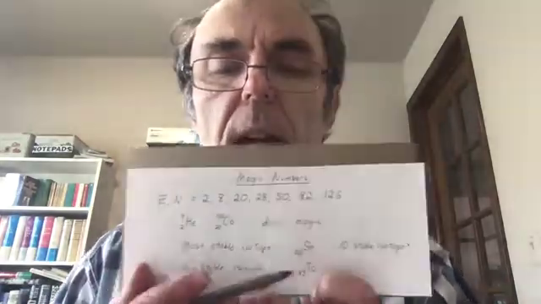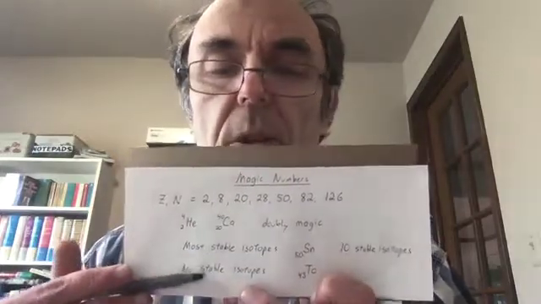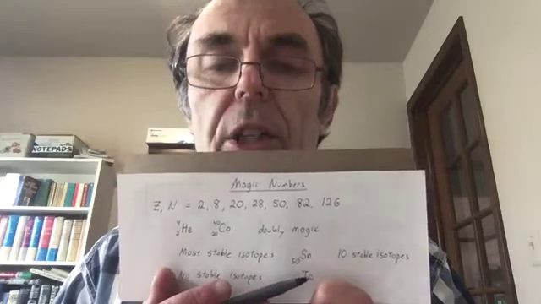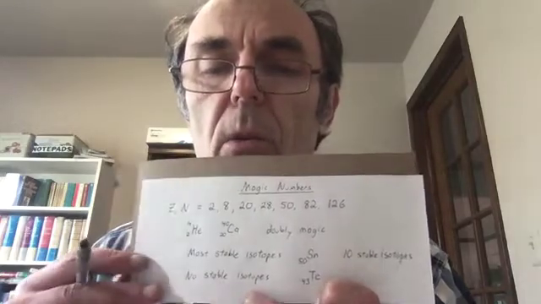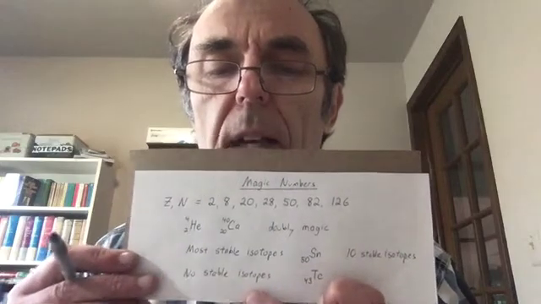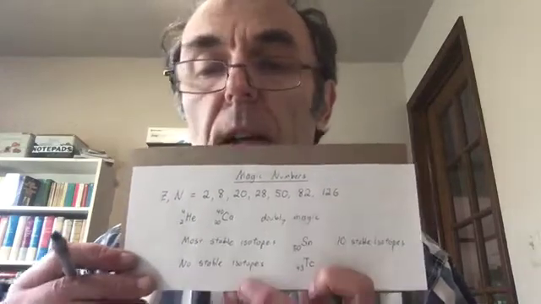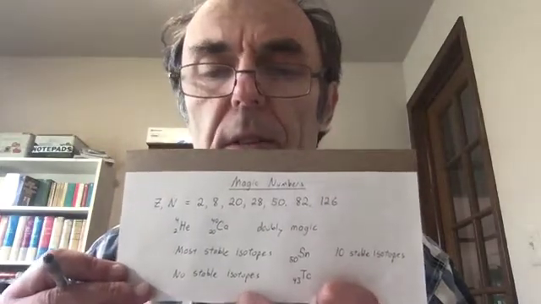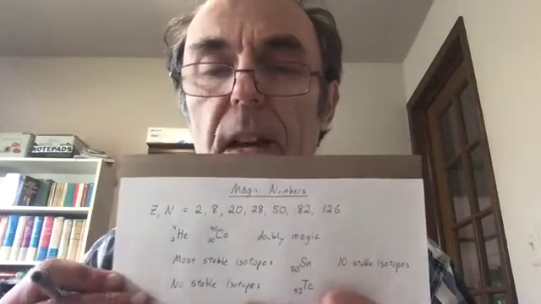You can also have elements that have no stable isotopes at all. One example is atomic number 43, technetium. Technetium is one of those holes in the periodic table that Moseley found. You have no stable isotopes of technetium. So before people started doing nuclear experiments, there was basically no technetium to be found on Earth.